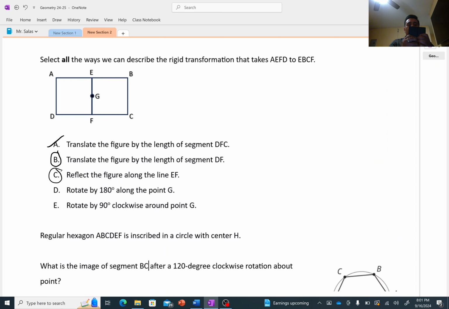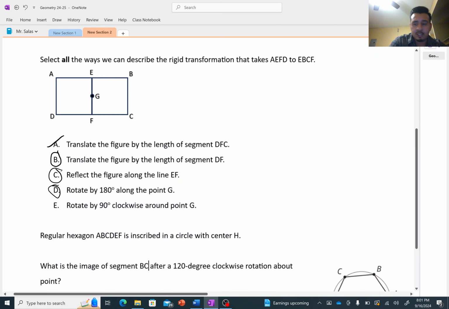And I rotate it by 180 degrees. If I rotate the one on my left by 180 degrees, that means I'm spinning it, and now boom, they overlap. So by rotating the left square around point G by 180 degrees, they do overlap, okay? So D is the right choice.